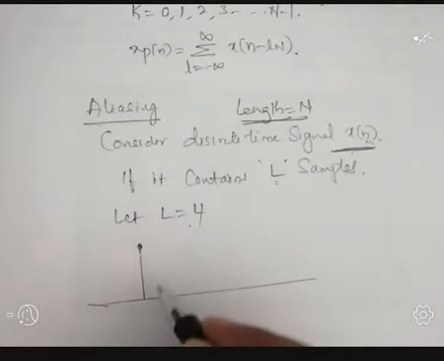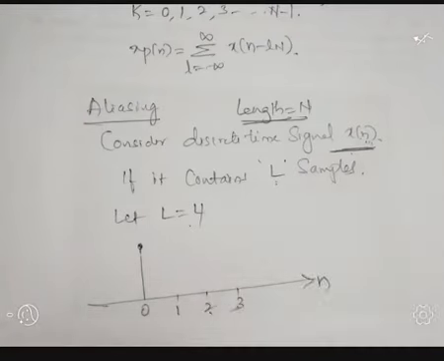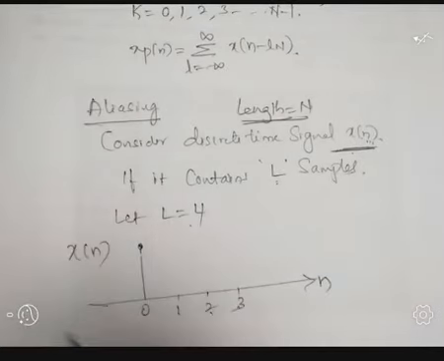This is the 0th sample, first sample, second sample, third sample. This one is the signal x of n.